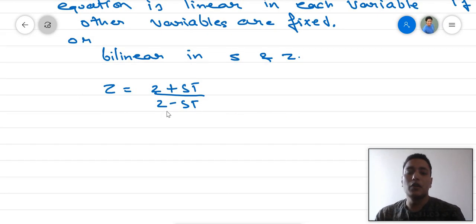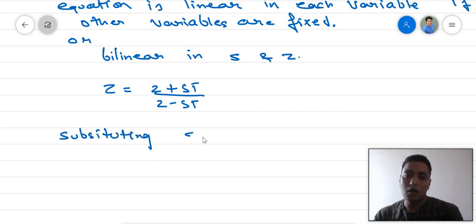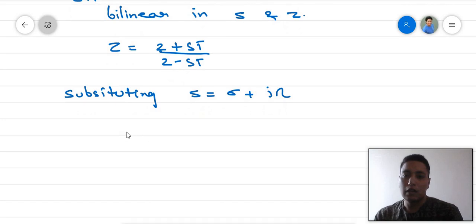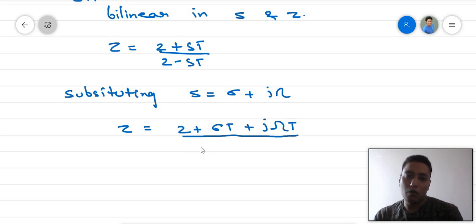Now we can find out the transformation of Z in terms of sigma and omega. We know Z is equal to (2 plus ST) over (2 minus ST). Now substituting S equal to sigma plus j omega will give Z equals (2 plus sigma T plus j omega T) over (2 minus sigma T minus j omega T).